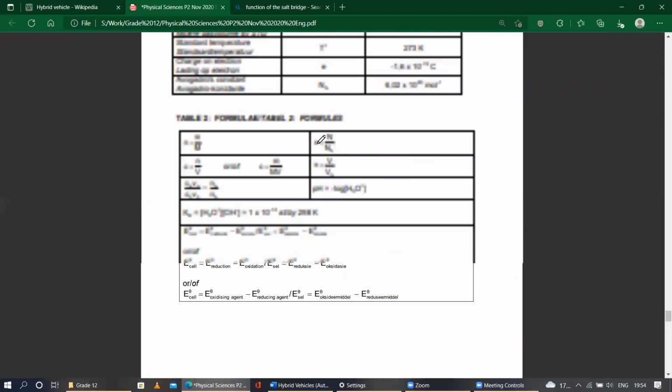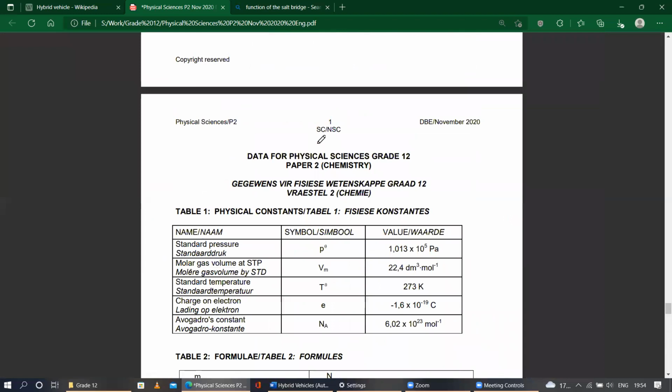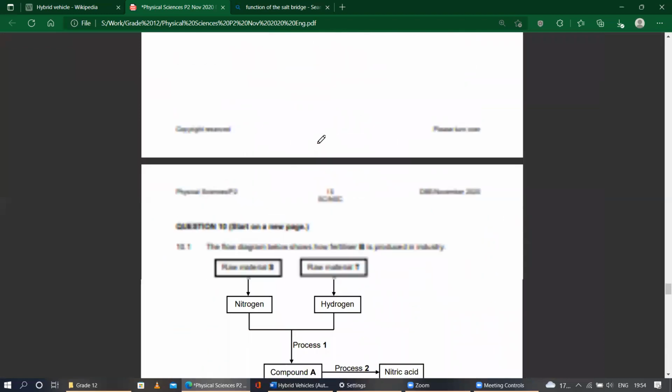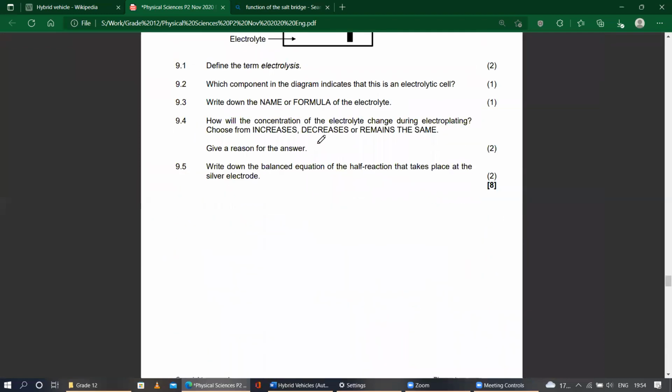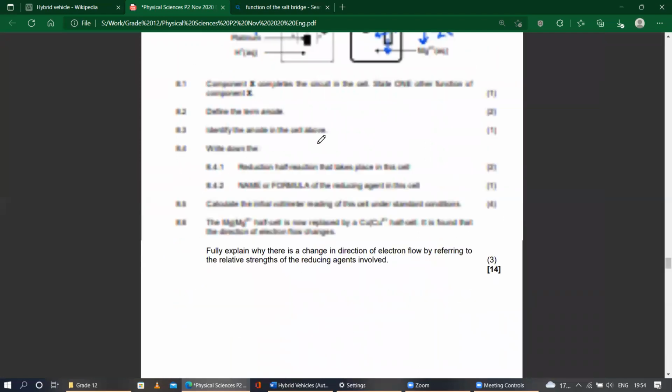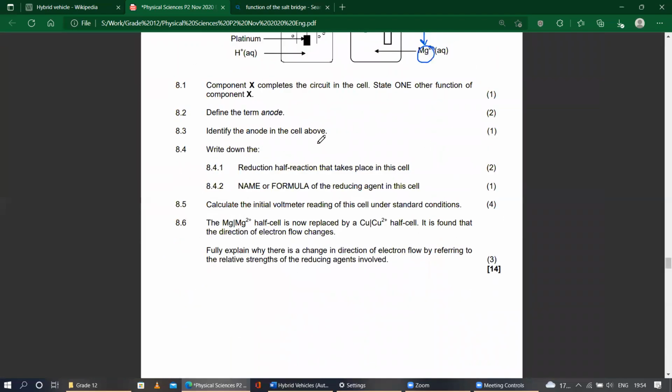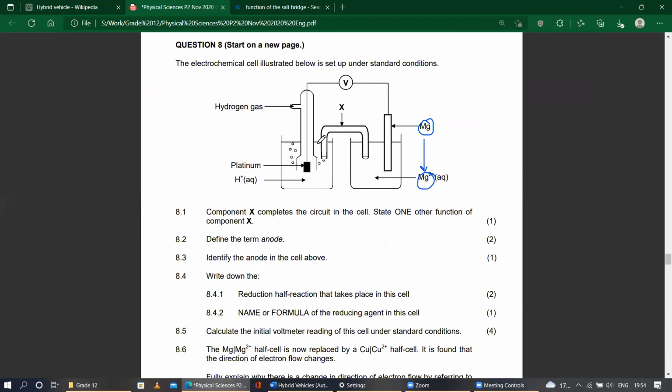So since magnesium is going to reduce the platinum, magnesium is going to be your anode, since it is the one that's going to lose electrons to the platinum. I don't know if you understand that. Does it make sense?